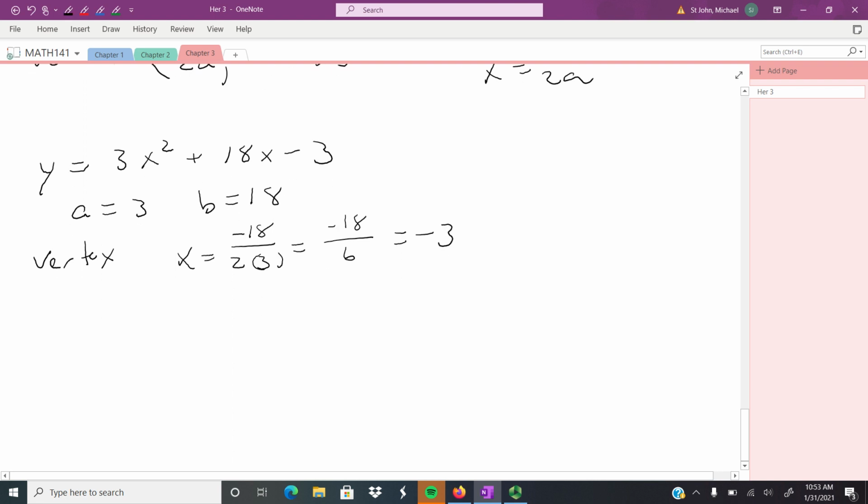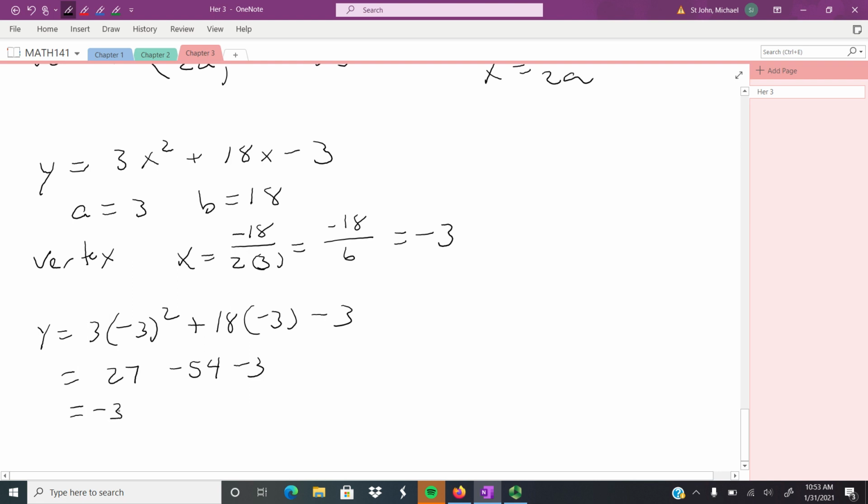And then the y-coordinate is going to be 3 times negative 3 squared, plus 18 times negative 3, minus 3. This will be 27 minus 54 minus 3, which gives us negative 30. So my vertex is at the point (-3, -30).